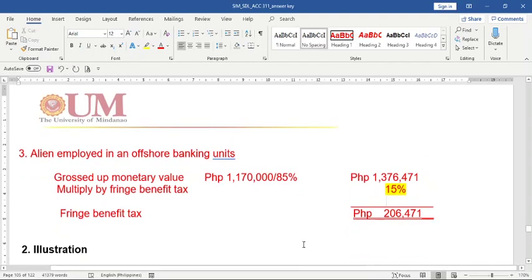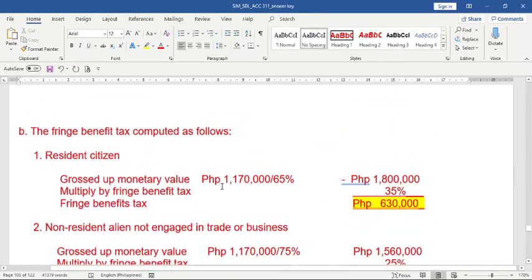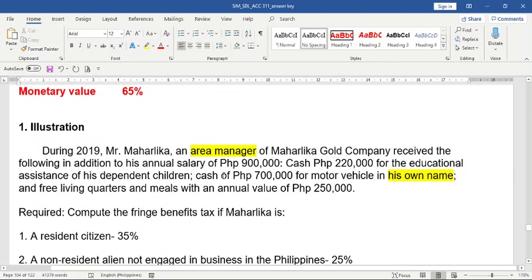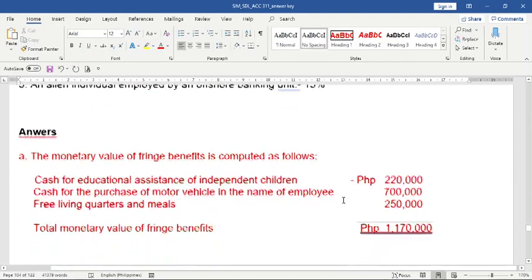If we will journalize this one, our cash out, usually cash was given: 220 plus 700 plus 250.